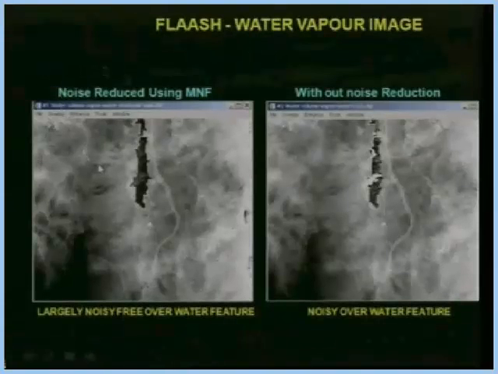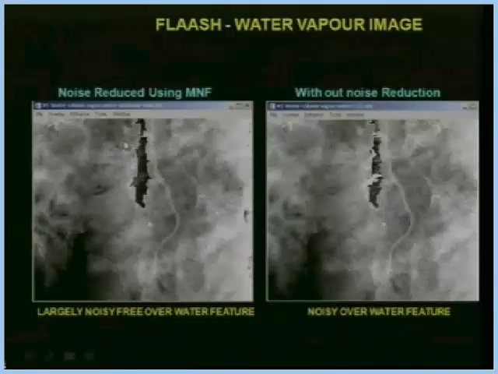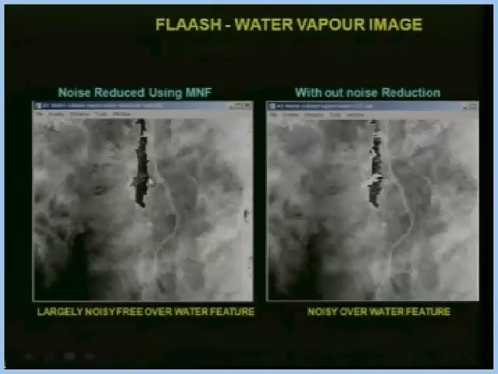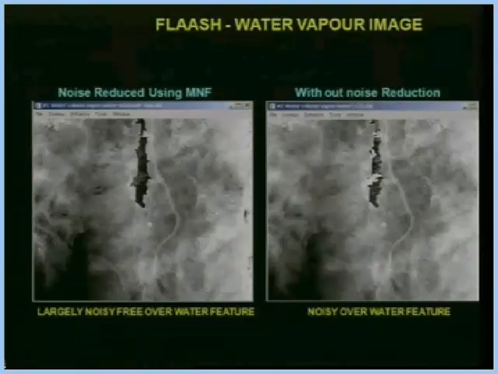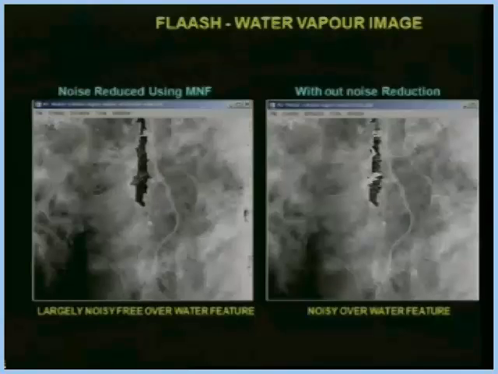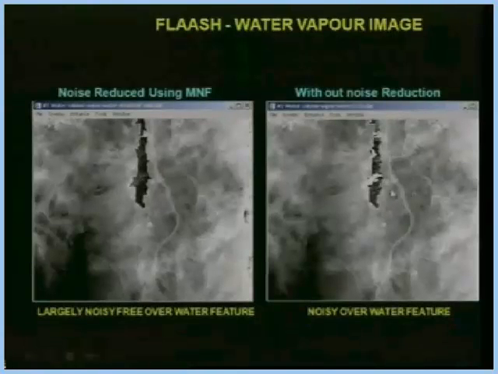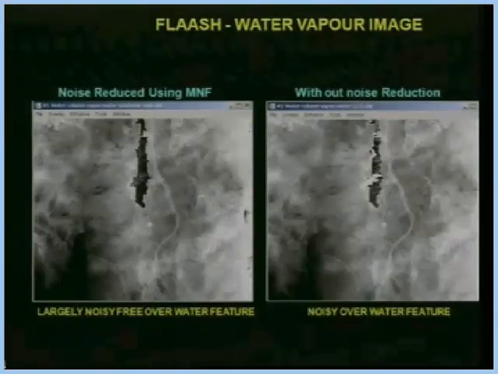If you are using MNF, on the left image you can see the water body area is largely noise free, meaning your atmospheric noise is reduced after having reduced the electronic noise. So the quality of the image is much better. Whereas on the right side, the electronic noise is not reduced.